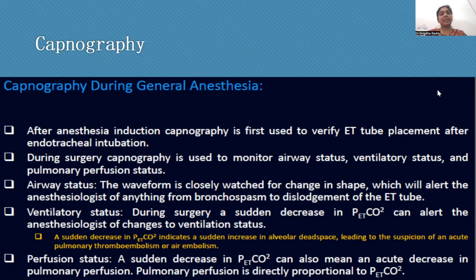Perfusion status: a sudden decrease in end-tidal carbon dioxide can also mean an acute decrease in pulmonary perfusion. So basically, capnometry shows perfusion status, ventilatory status, and airway status during its use in general anesthesia. Pulmonary perfusion is directly proportional to exhaled carbon dioxide.